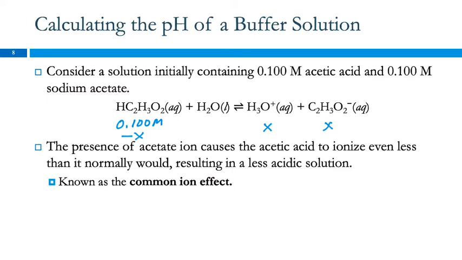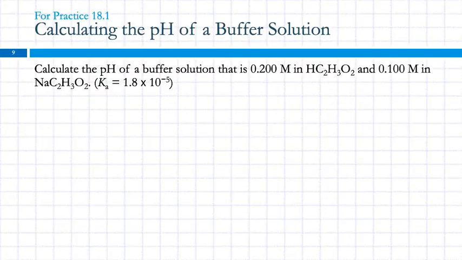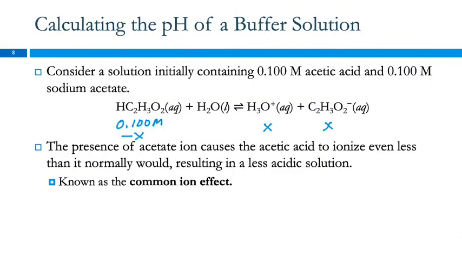If we start with acetate ion present, though, the acetic acid will not ionize as much. Is it because they're also in equal amounts in molarity? Well, any amount of this that you add would affect this equilibrium and cause the acetic acid to ionize less than if it wasn't there at all. We'll see that maximum buffer capacity happens when you have equal amounts, but they don't have to be exactly equal.